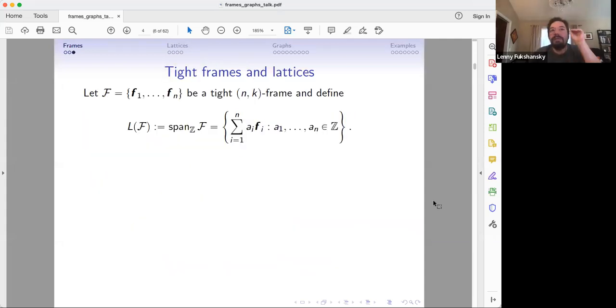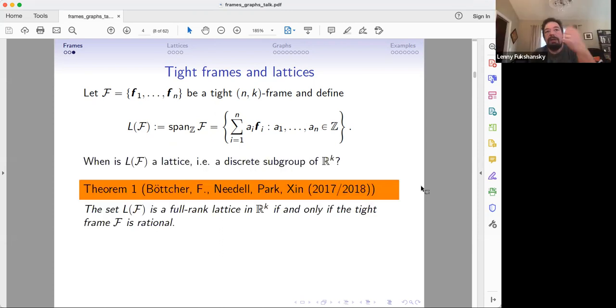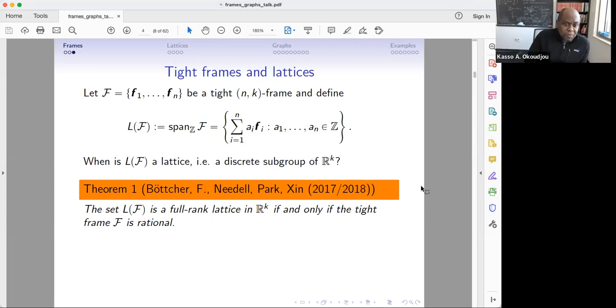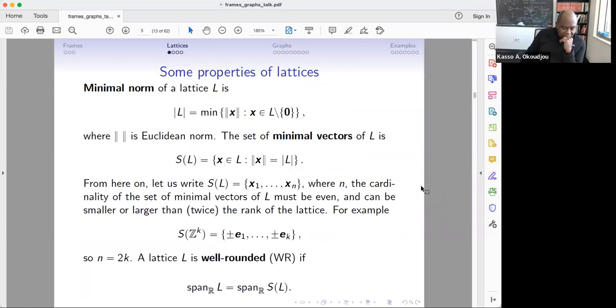Here, specifically for a tight frame, I define the set L of F, which may or may not be a lattice. Then this theorem says that in fact it is a lattice if and only if this tight frame is rational. But a lattice in general is just a free Z module. Okay. Thank you. My pleasure.